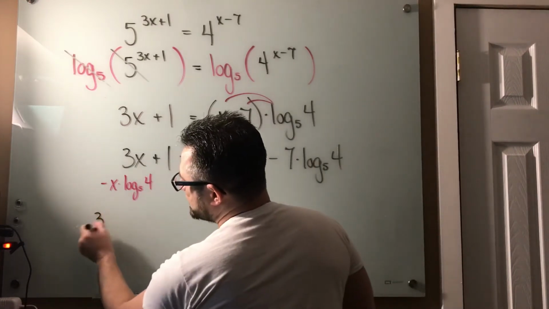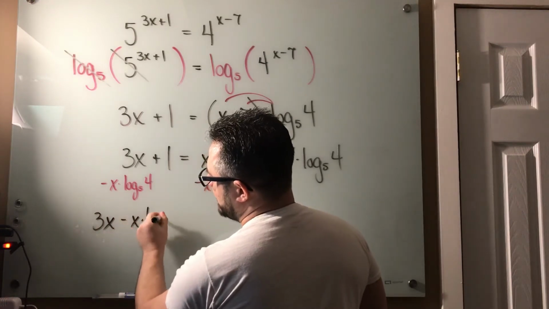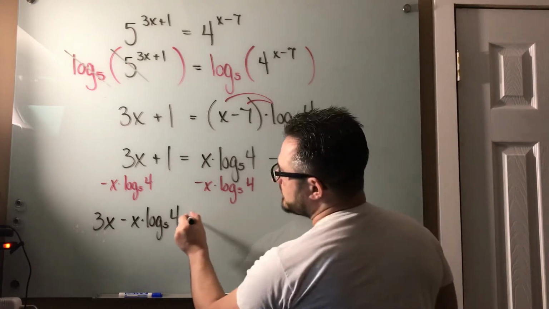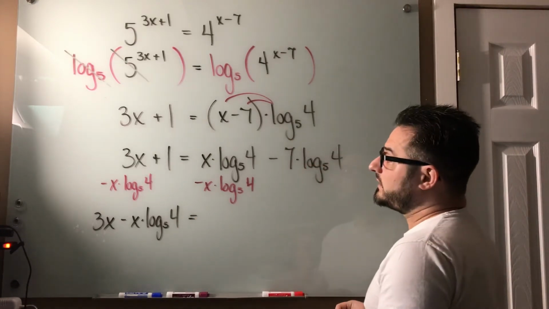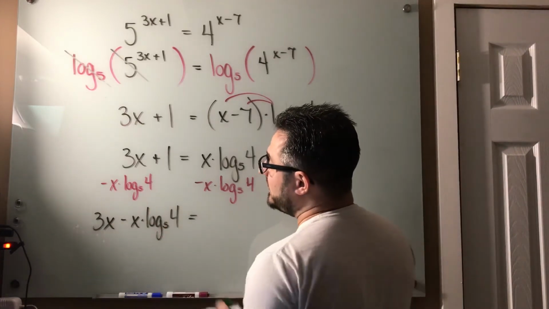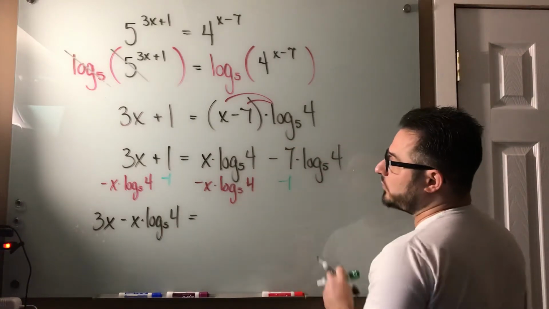That's going to give us 3x minus x times log base 5 of 4. Now we also have to get the constants together, since we got the x's on the left side, the constants on the right side. So we'll subtract 1 and subtract 1.